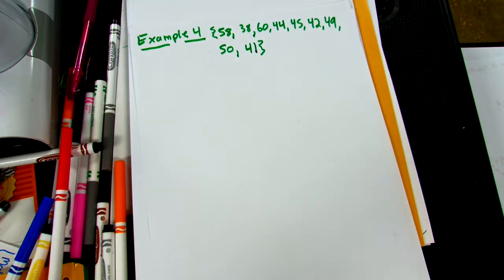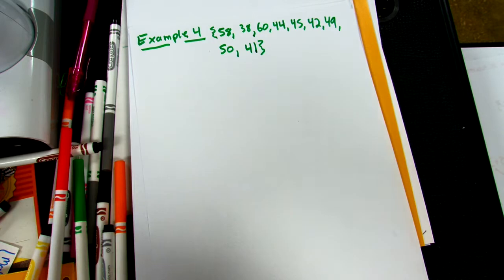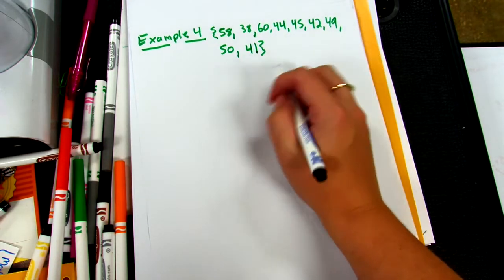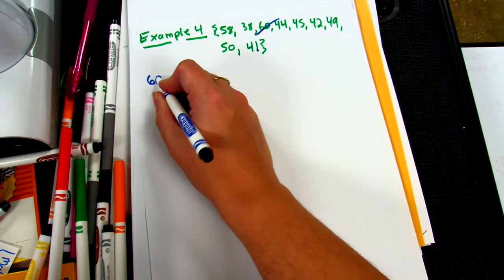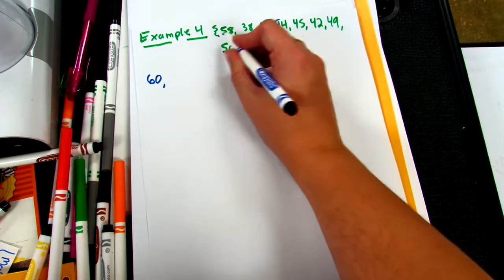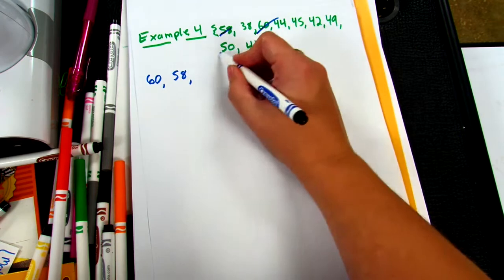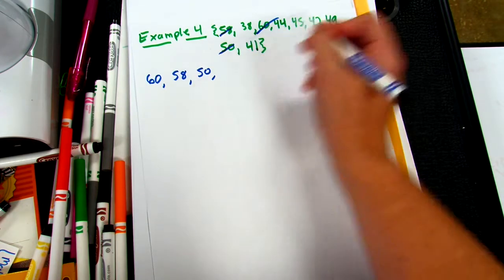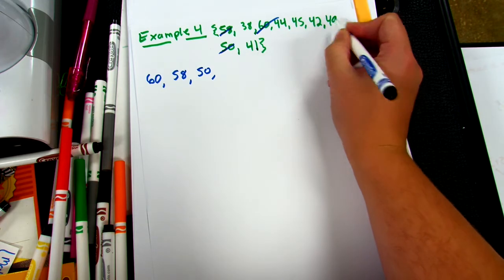All right, so first things first, let's arrange these from largest to smallest. So my largest number is 60, right? Let's write 60. My next largest number is going to be 58. And then 50. And then, let's see, I have 49.